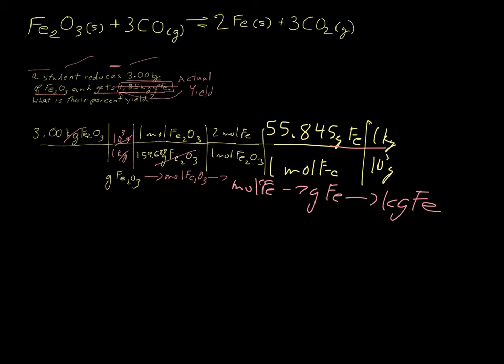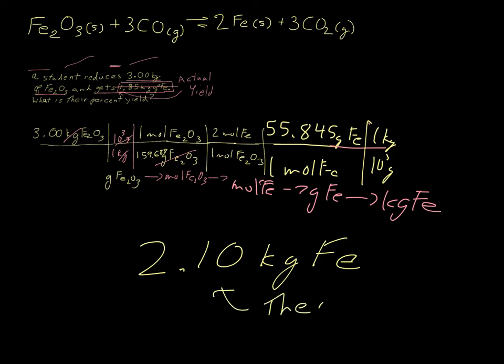And that gives me 2.10 kilograms of iron as my theoretical yield, as in the amount I should have produced if I'd had proper lab technique and done my work really well.